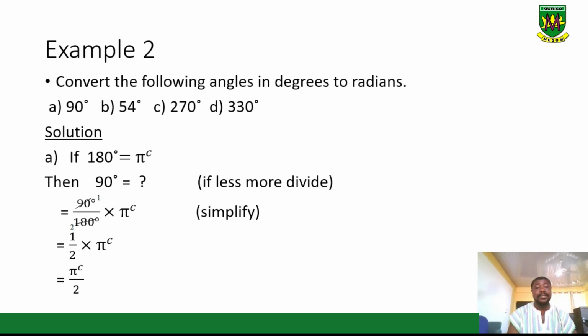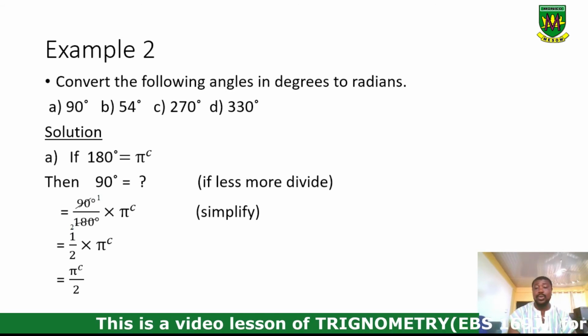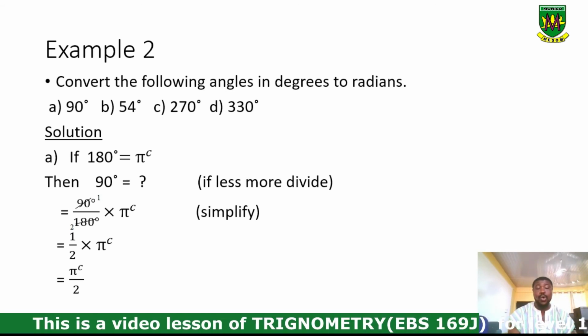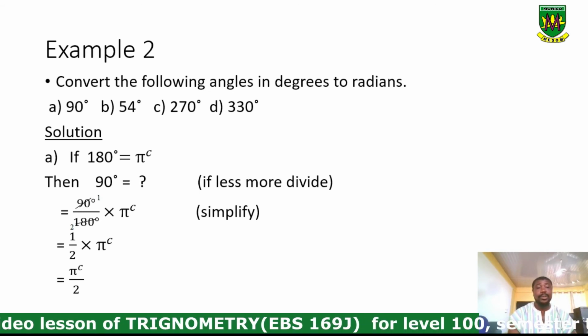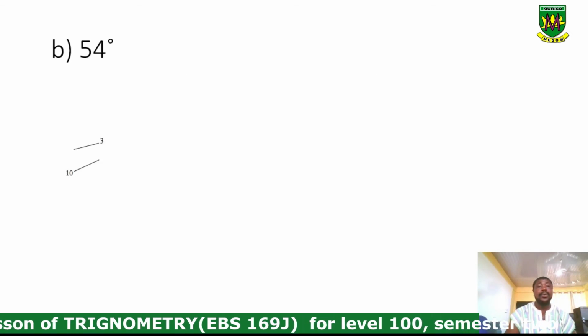Now this gives us 90 degrees over 180 degrees times pi radians. 90 will go into itself 1, and into 180, 2, leaving us 1/2 times pi radians. And 1/2 times pi radians will give us pi radians on 2. So we have also been able to change from degrees to pi radians.